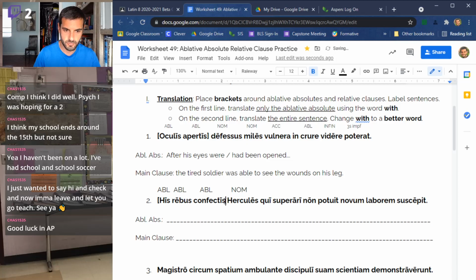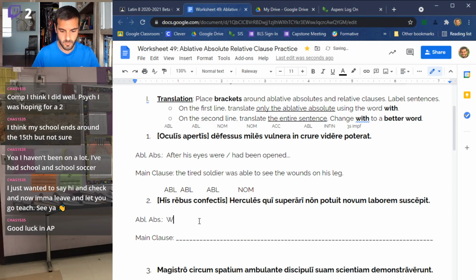His rebus confectis. Translation, we start with the word with. With his. His is a form of hic, so with these in the plural. With these res, with these things. Confectis. Anything with fect or fact in Latin means to do, right? So with these things having been done, because it's perfect passive.